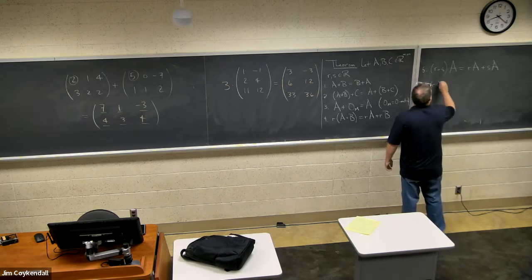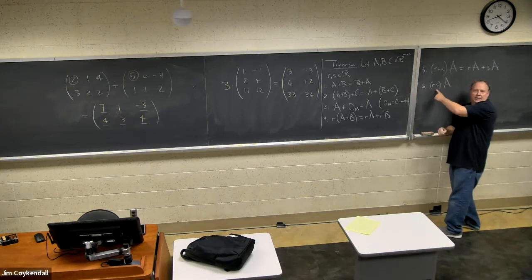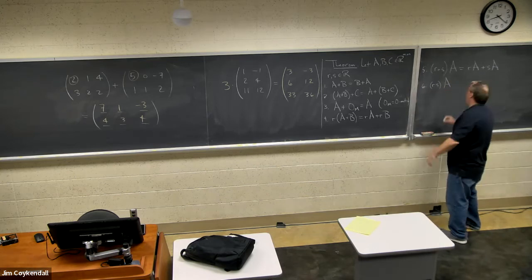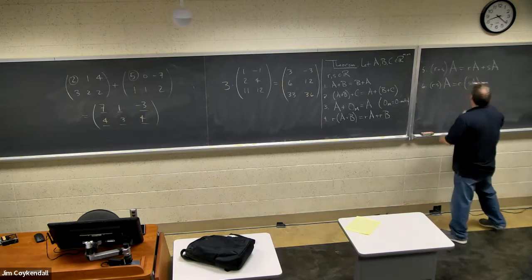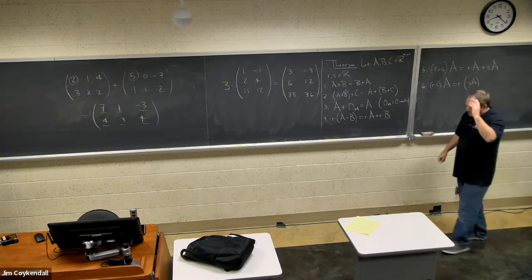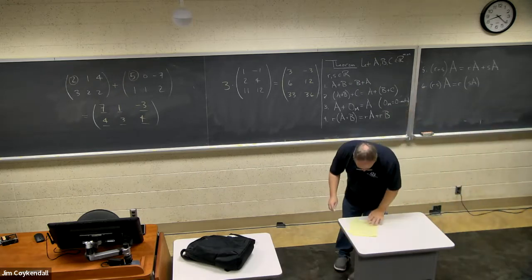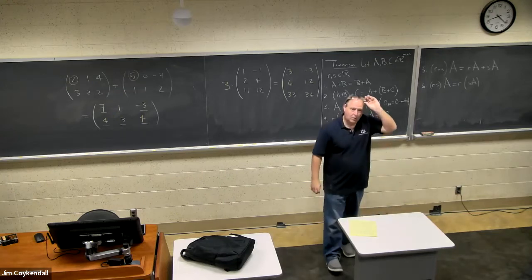So if you take the number R times S, multiplied by A, this is the number R multiplied by S times A. Okay. Any questions?